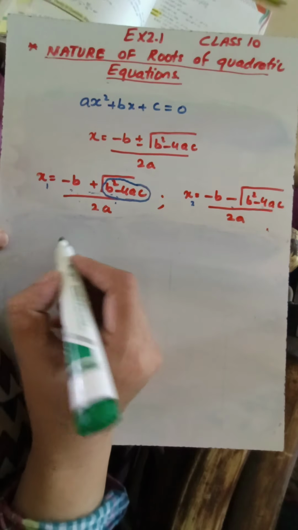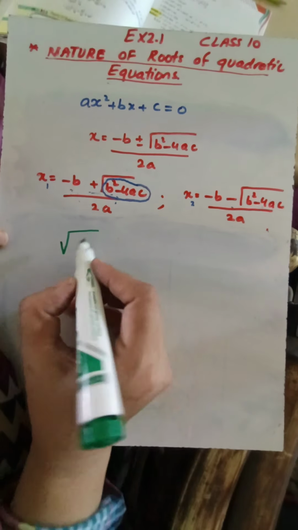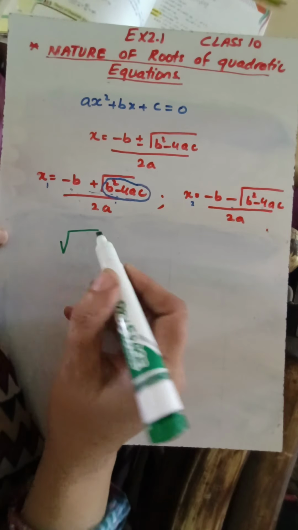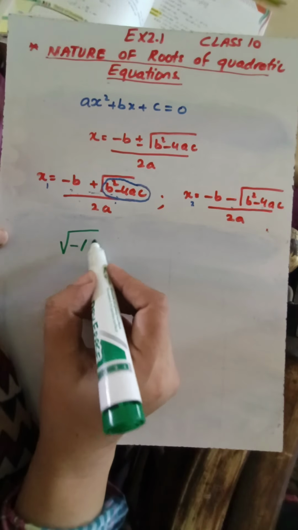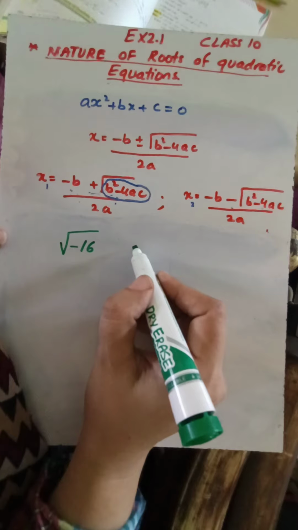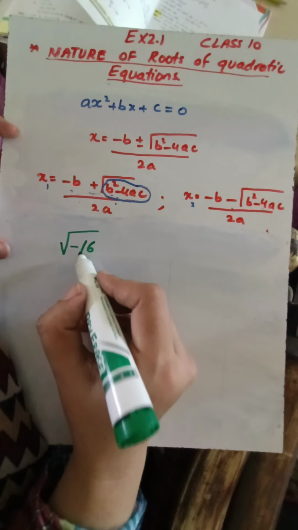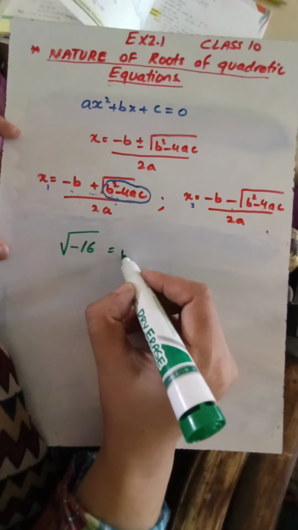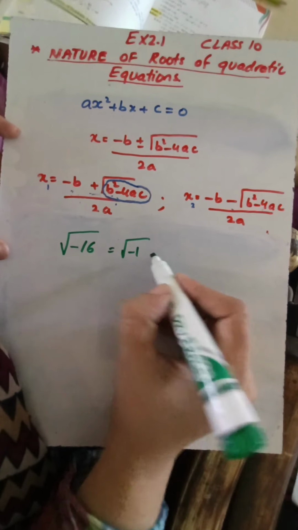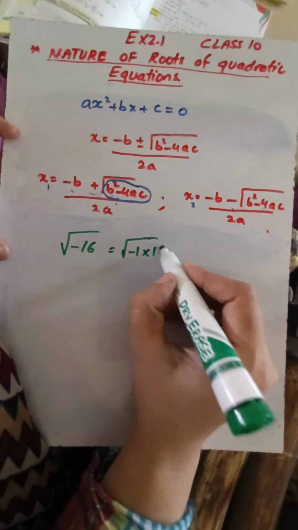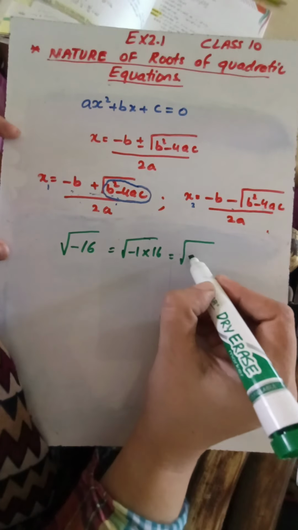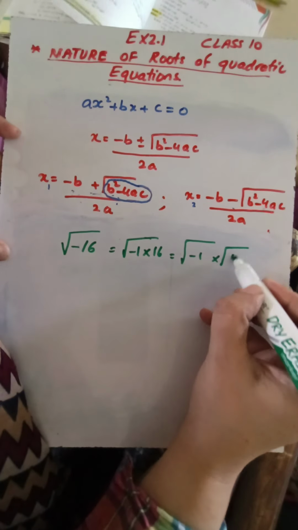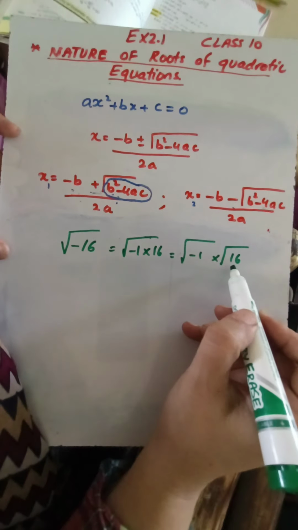For example, let me recall it. If you want to find the square root of negative 16, you know that there is no real number whose square is equal to negative 16. But if I separate it and write it as negative 1 into 16, negative 1 into under root 16, now here we can find the square root.